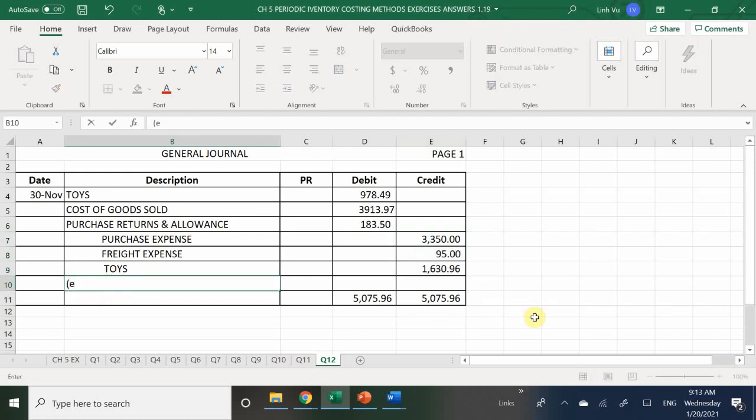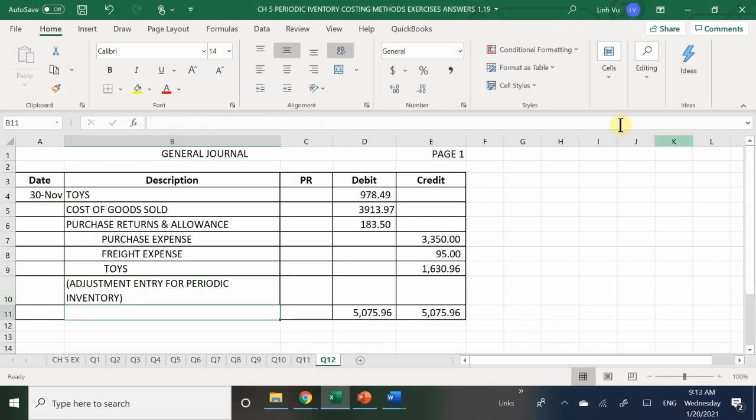So this is going to be an adjustment entry for periodic inventory. Okay. And that's it. That's all you have to do.